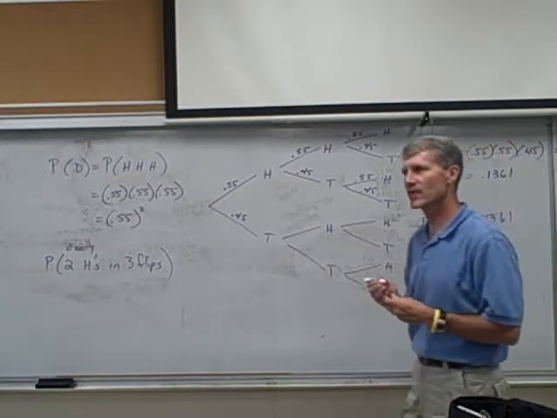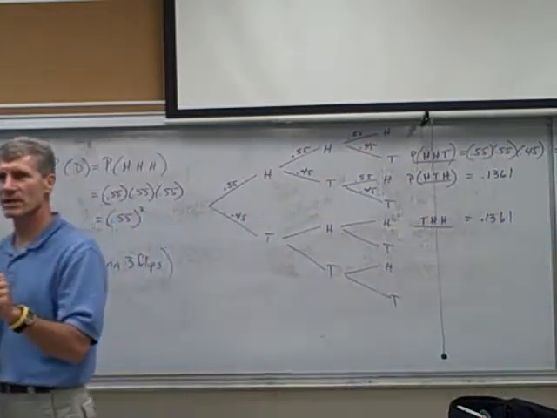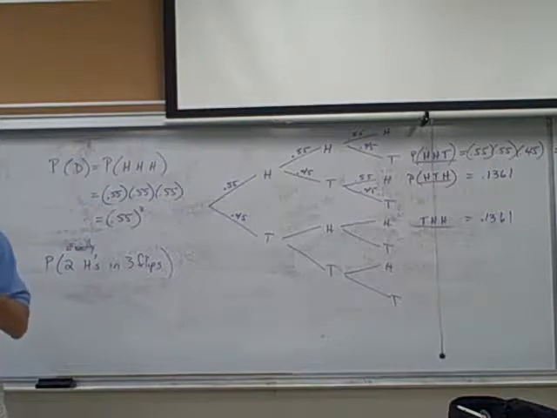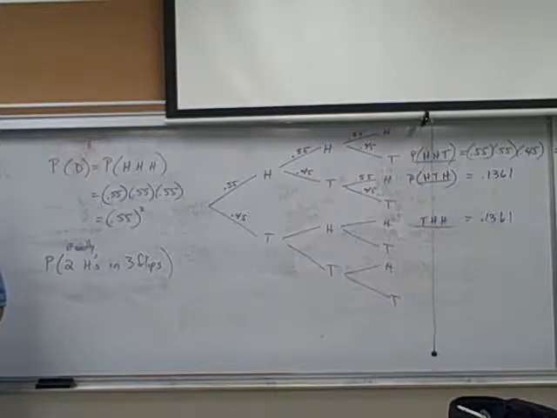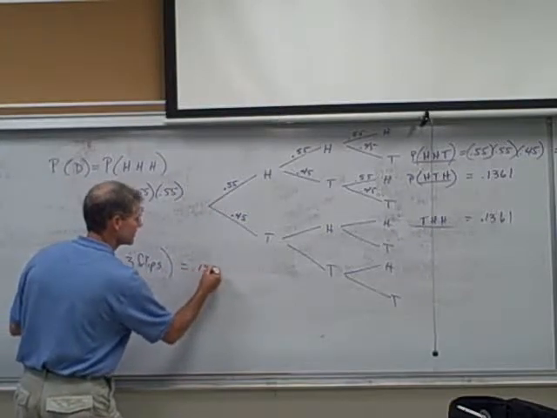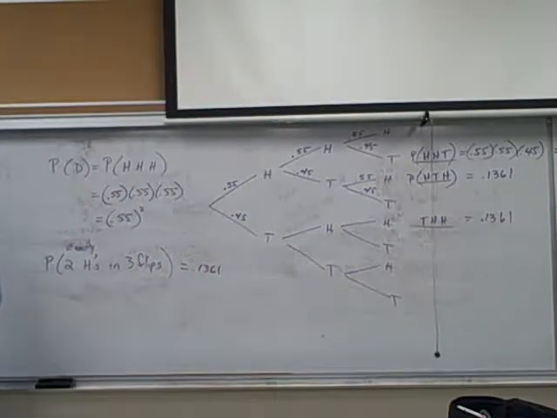So let me ask you again. What's the probability that you flip this coin 3 times and you get exactly 2 heads? Is it 0.1361? Morgan, you went, no, it's not. 2 heads in 3 flips.